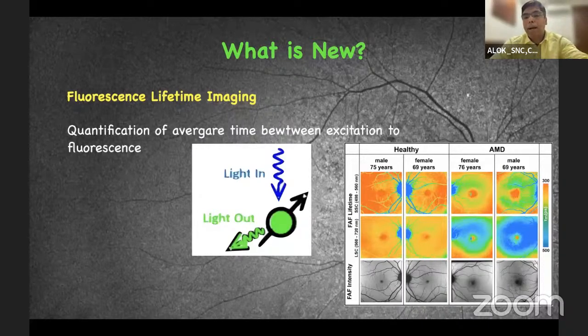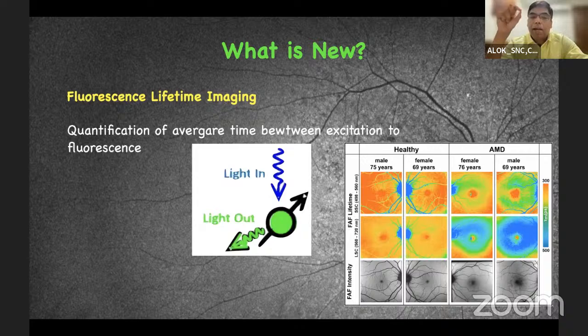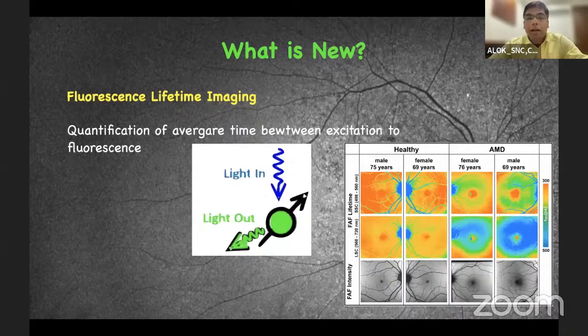And when they come back to the ground level, they emit light of a longer wavelength. This time interval between the excitation and the fluorescence is measured, and it is displayed as fluorescence lifetime imaging. And this is now being used in various pathologies, including AMD, Stargardt's, and other diseases.